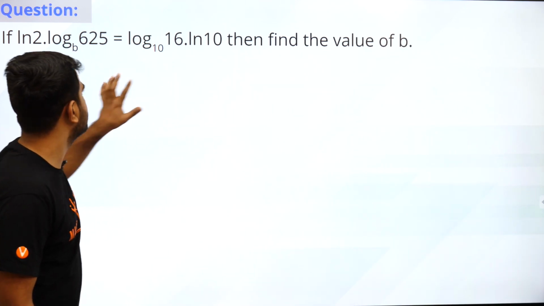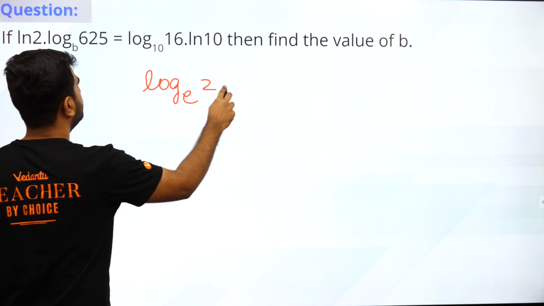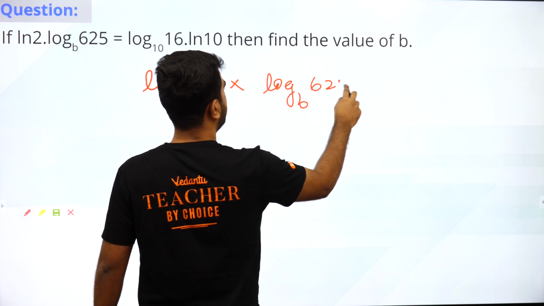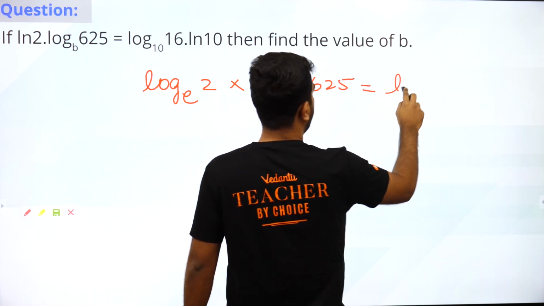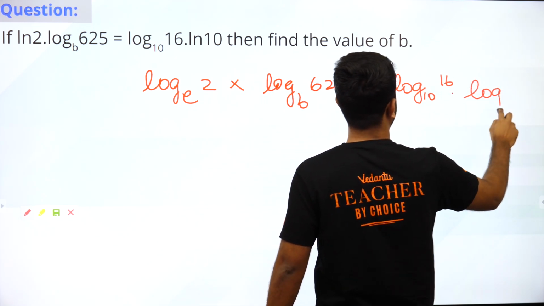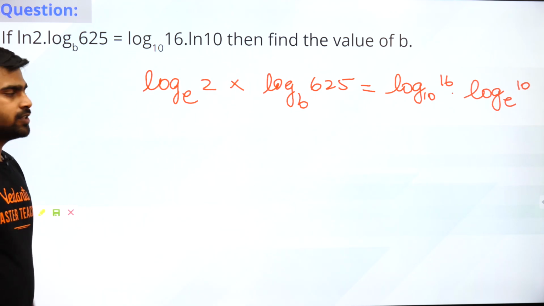So very basic question. What do we have here? We have log to the base e of 2 into log to the base b 625 is equal to log 16 base 10 into log 10 to the base e. Okay, so let us write it down.